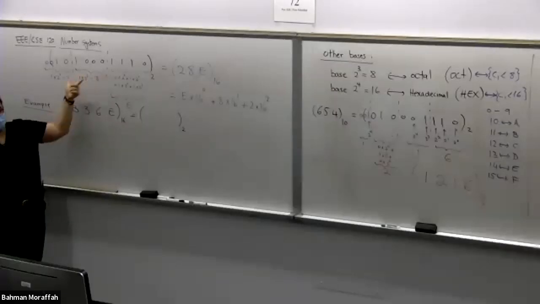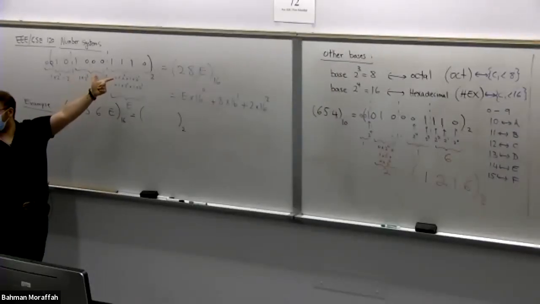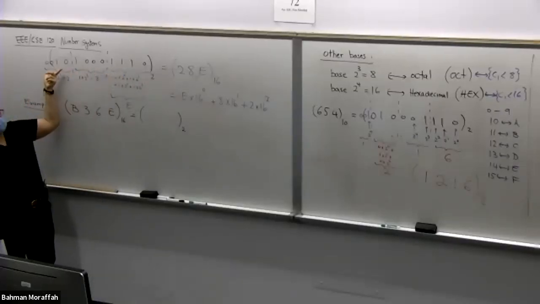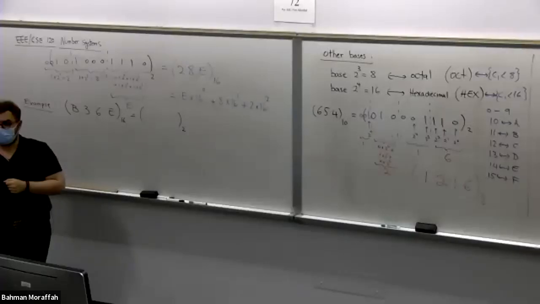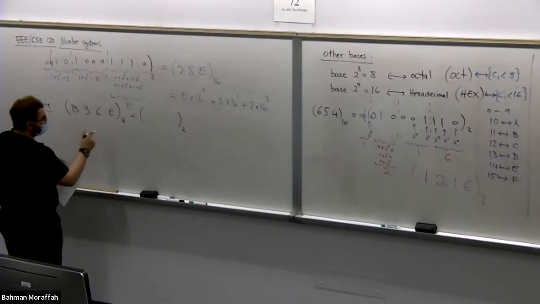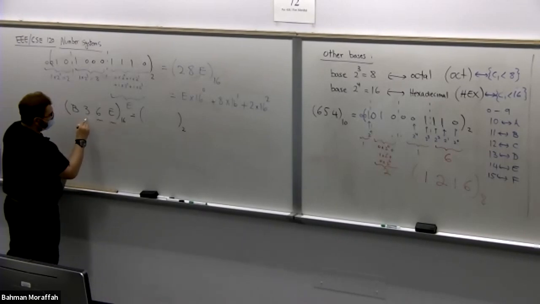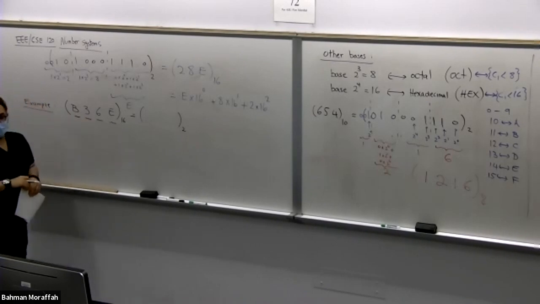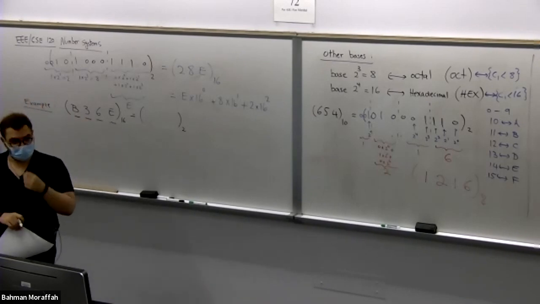What I did was, if I had a binary number, I looked at every chunk of 4 digits, and then I wrote the hexadecimal representation. So I can do the reverse. I can look at every single element that I have over here and write the binary representation of it.